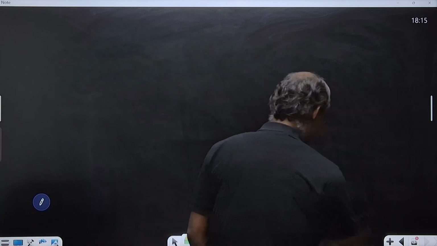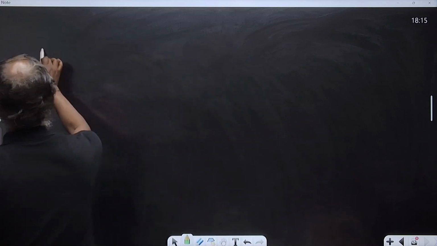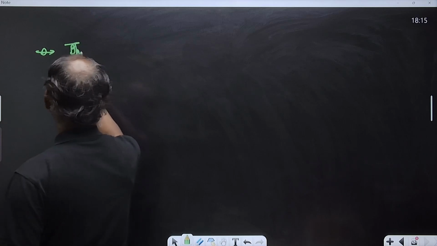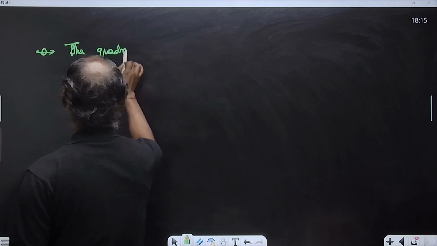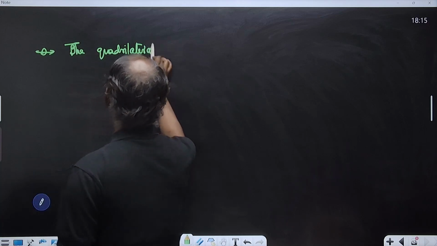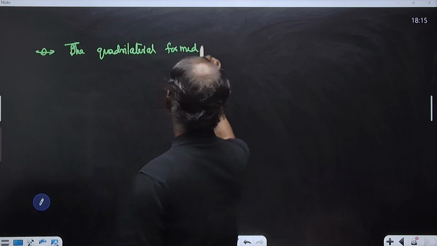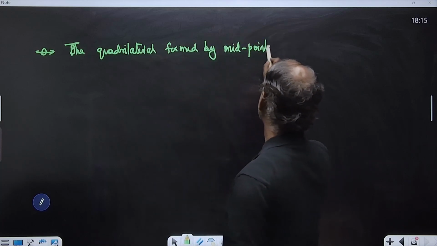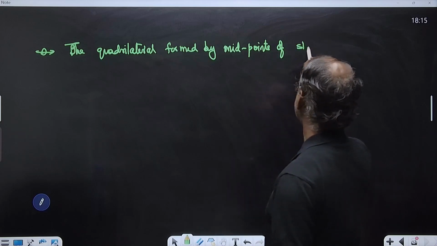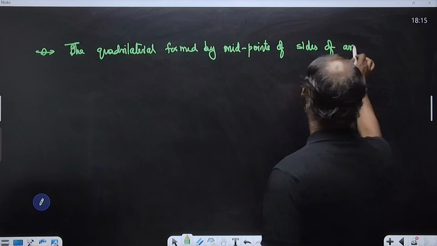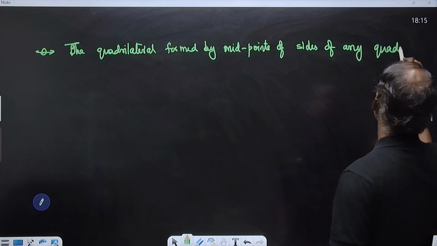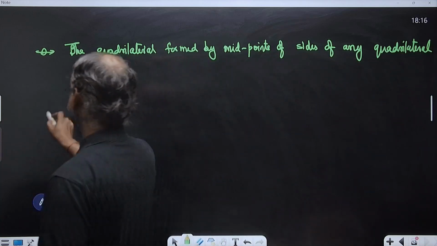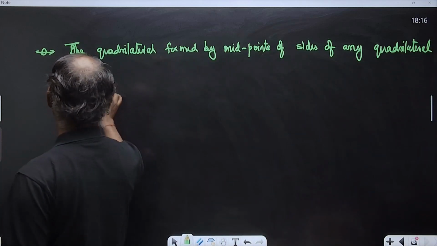Similarly, also to be kept in mind is that the quadrilateral formed by midpoints of sides of any quadrilateral is a parallelogram.